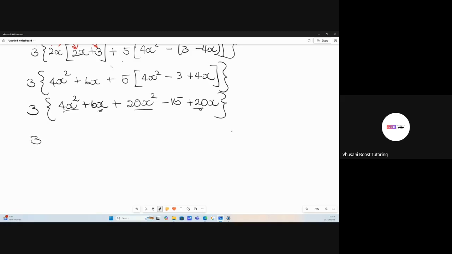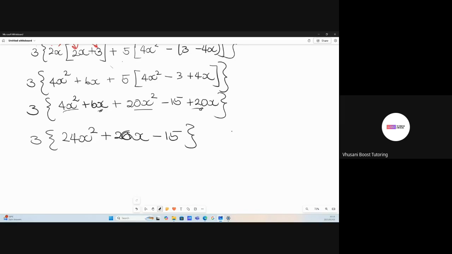So 3 multiplied by 4x squared plus 20x squared will leave us with 24x squared, right? Then 6x plus 20x leaves us with 26x. And then negative 15 remains as well.